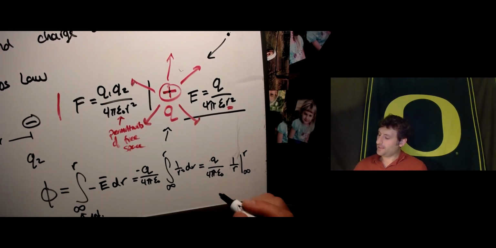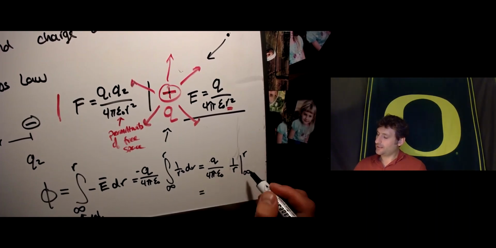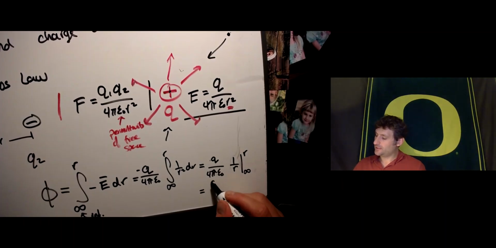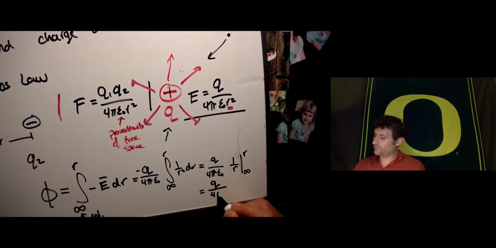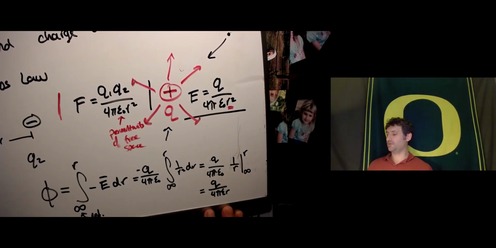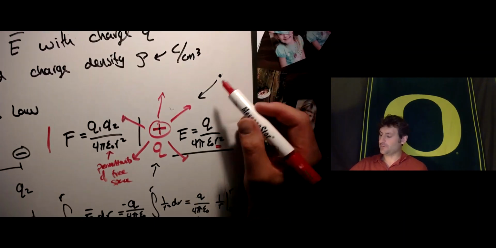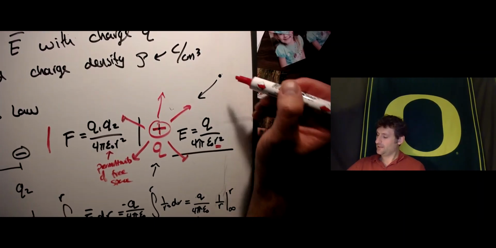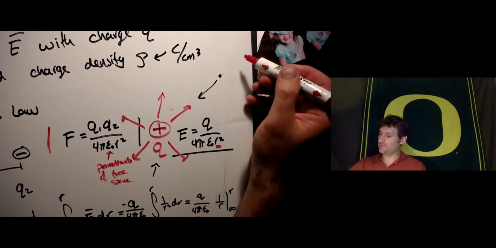Okay, and 1 over infinity, of course, is 0, so I just get Q over 4 pi epsilon r. And this is now the potential for a charged particle relative to 0 at infinity. And I can think about this. If Q is positive and my test charge is positive, right, then my potential is positive as I come in.